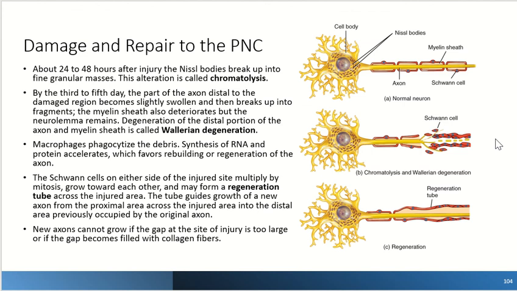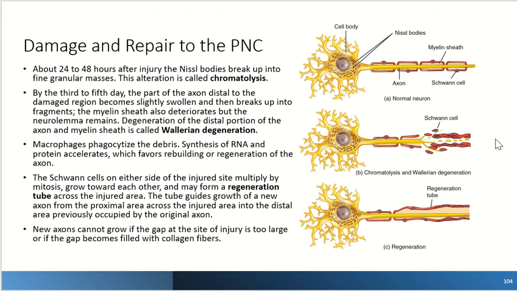So about 24 to 48 hours after injury, those Nissl bodies are going to break up into fine granular masses. And this alteration, this change in those Nissl bodies, is called chromatolysis.